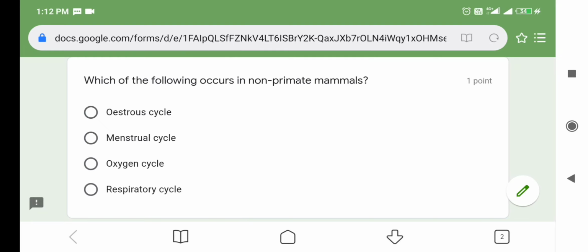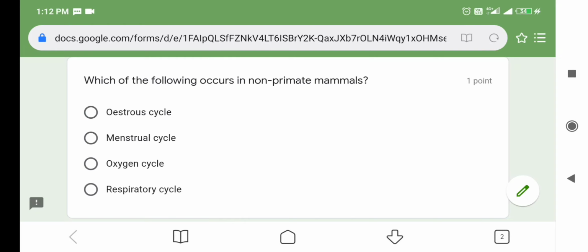Females of placental mammals exhibit cyclical changes in the activities of their ovaries and accessory ducts. These changes are also exhibited in the hormones. Actually, these types of changes take place during reproductive phases.